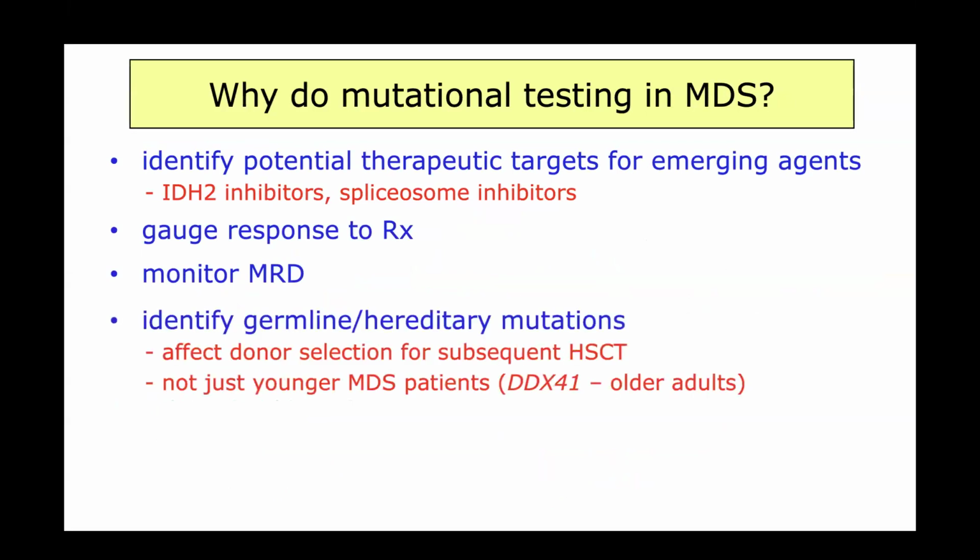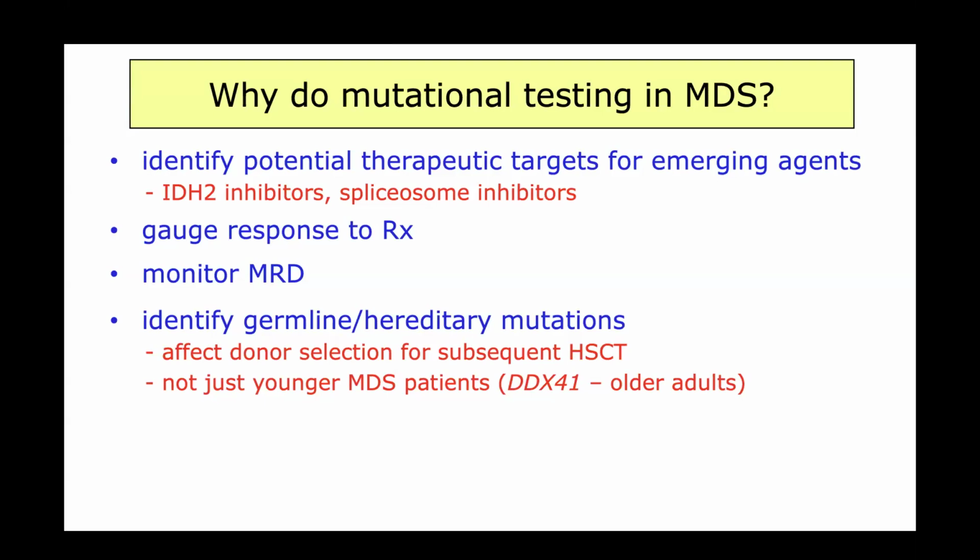Also, and something I touched upon earlier but haven't really focused upon, is to identify germline or potentially heritable mutations, which are relevant in a number of scenarios, but also may affect donor selection. If a patient with MDS is being considered for stem cell transplant and you're looking at a related donor, it would be very important to ensure that that related donor doesn't have the same germline mutation that spawned the myelodysplastic syndrome in the first place in that patient.